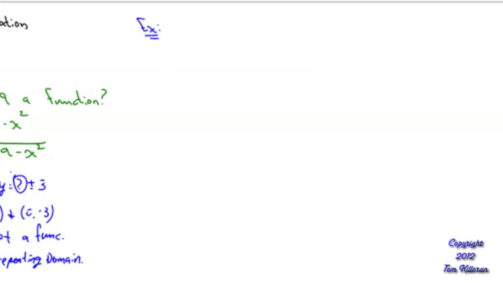Next example is x cubed plus y cubed equals 8. Is it a function? Yes. Are you sure? Yes. Why? Because when you solve it for y, you get y cubed is equal to 8 minus x cubed.